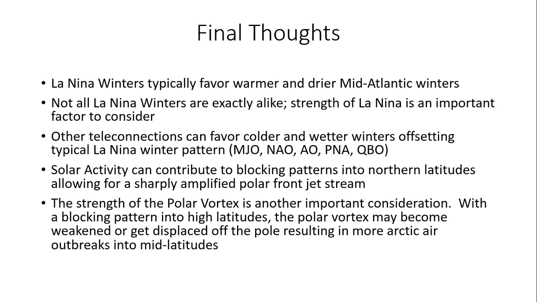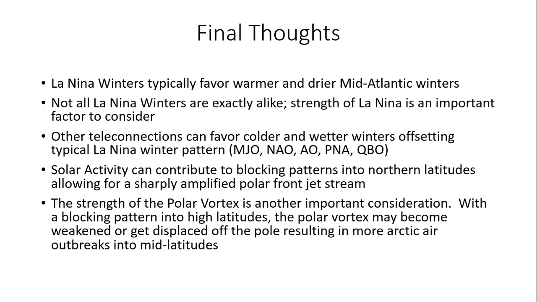Additionally, solar activity can contribute to blocking patterns into northern latitude oceans. This allows for a more sharply amplified polar front jet stream, a more amplified meridional long wave pattern in general. And then the strength of the polar vortex is another important consideration.